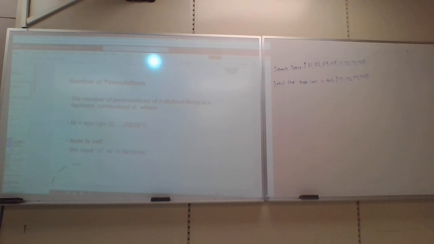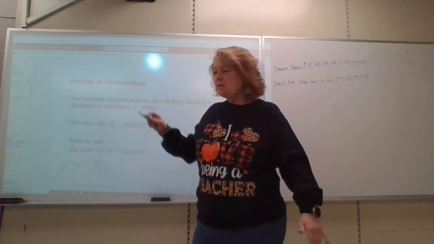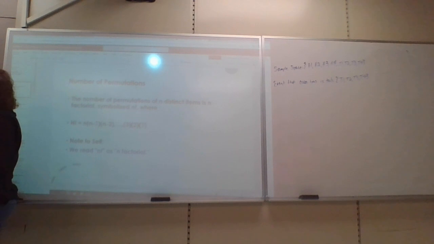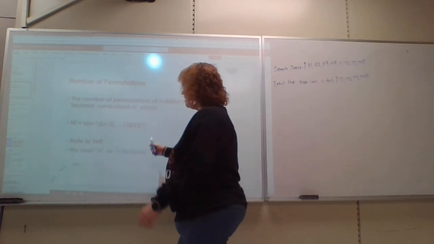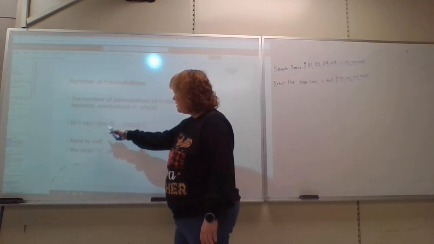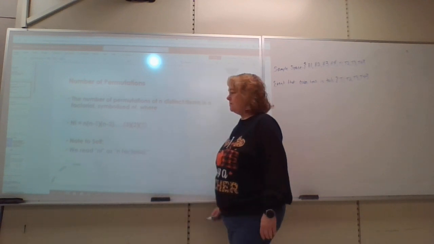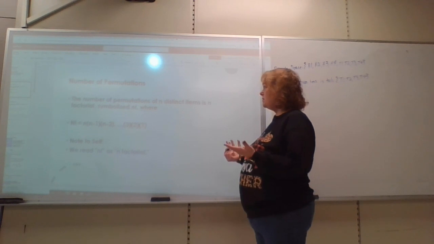I'm not sure if I told you about this, but this is called n factorial. This is where you see an exclamation point, and you will find it on your calculator. I usually call it the countdown, because whatever the number is, you count backwards all the way to 3, 2, 1. Note to self, you read it as n factorial.